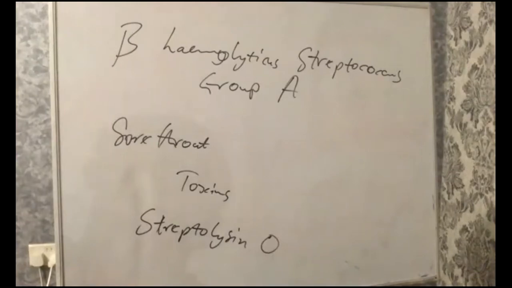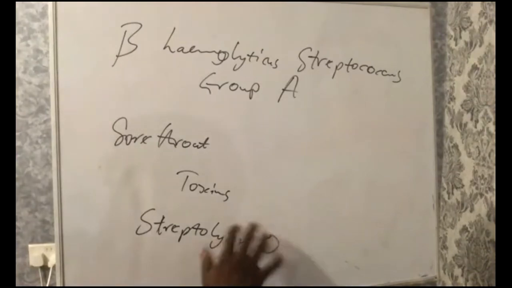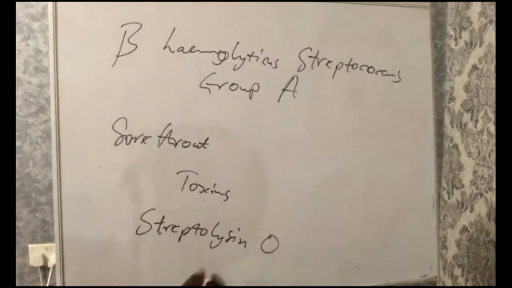However, that is not only the problem. The body will start producing some antibodies against this streptolysin O. That is what we call the anti-streptolysin O antibodies, okay? These anti-streptolysin O antibodies, that is where the problem is.